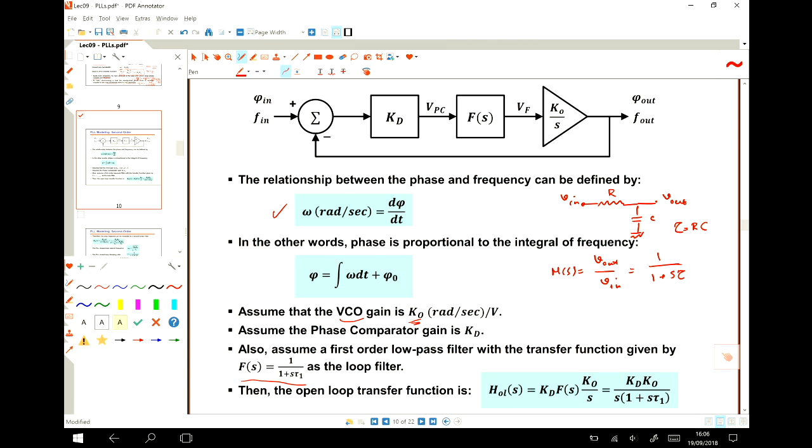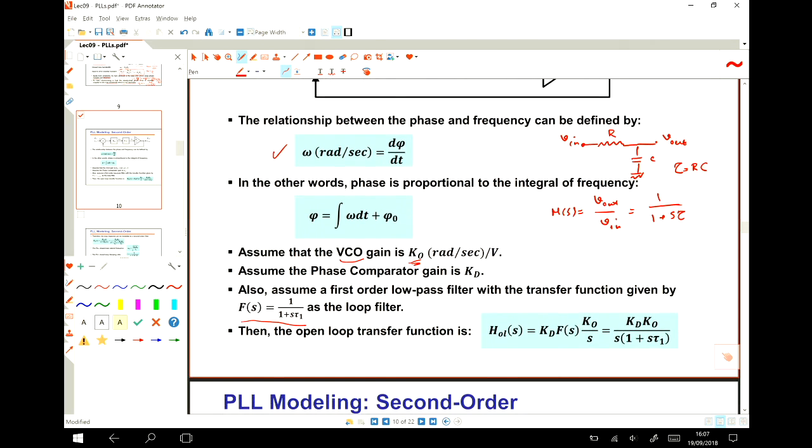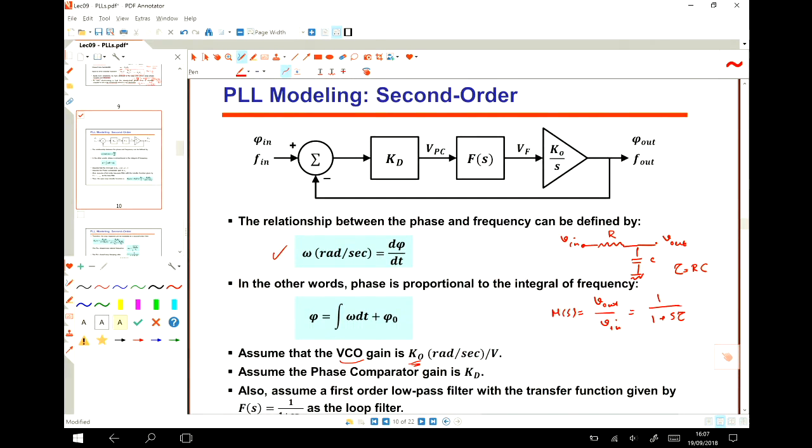Okay? So if you have a simple RC, a simple low-pass filter, then for the open loop transfer function, I just write down here, this is your phase detector and this is your low-pass filter. Your phase detector is Kd, your low-pass filter is 1 over 1 plus s tau 1, with R1 and tau 1.